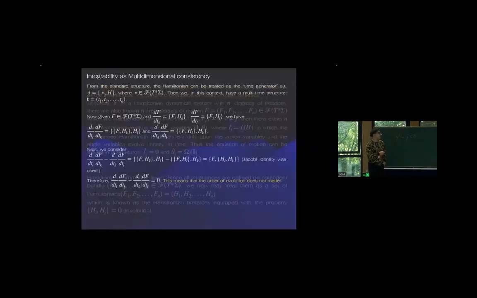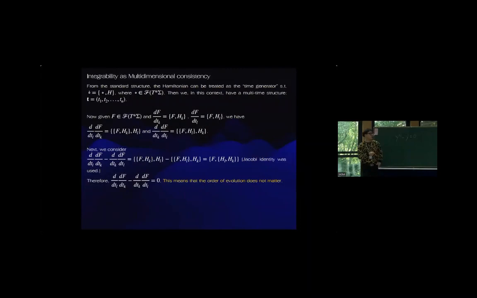In the standard structure, we know that the Hamiltonian is like a time generator. If you have a function f defined on this cotangent bundle and you compute the Poisson bracket between this object and the Hamiltonian, you will get the time derivative of the object.